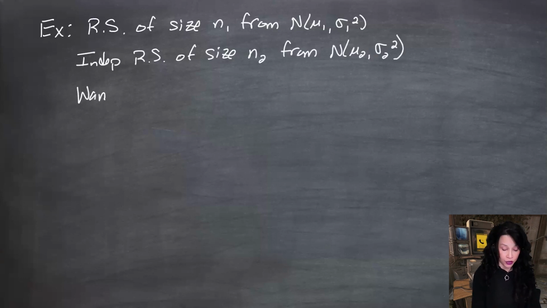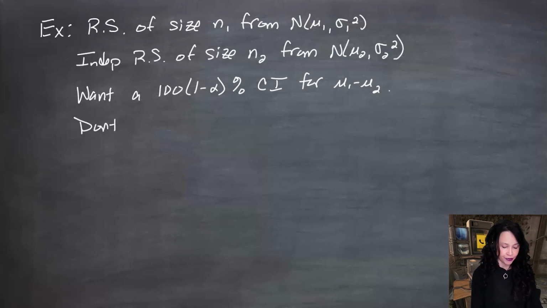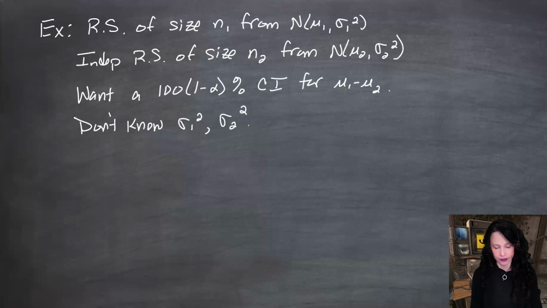We want to derive a 100 times 1 minus alpha % confidence interval for the difference in means mu1 minus mu2, and we don't know, in this example, sigma 1 squared and sigma 2 squared. We also don't know mu1 and mu2, or we wouldn't be doing this.